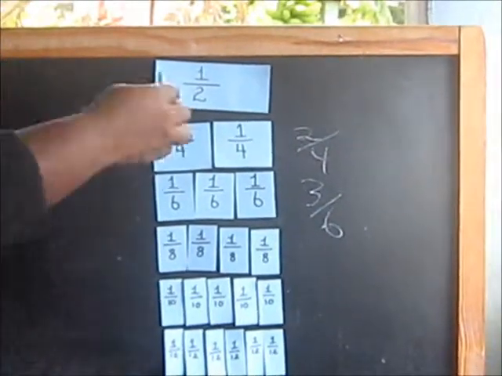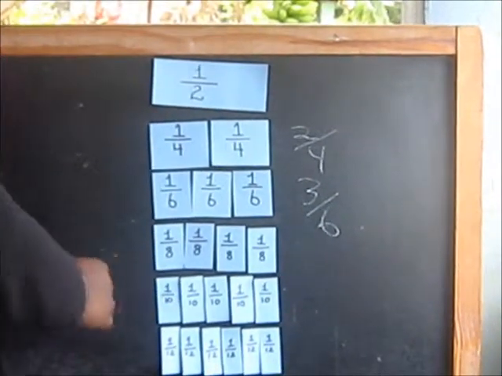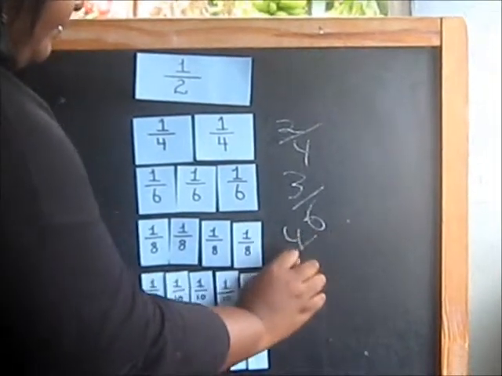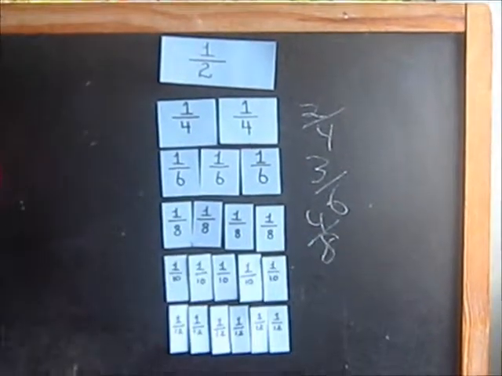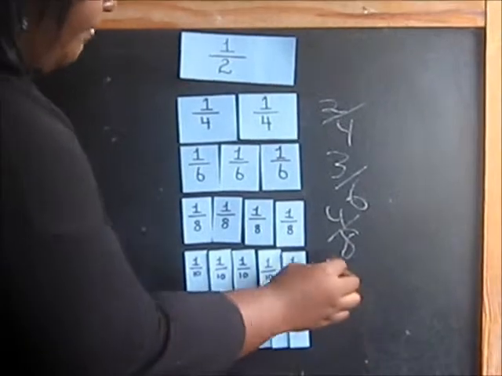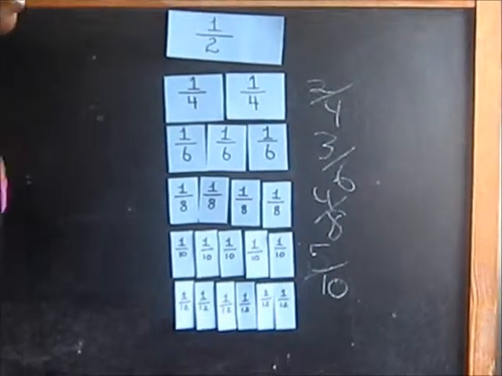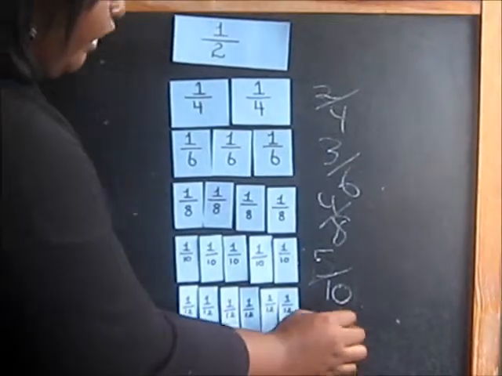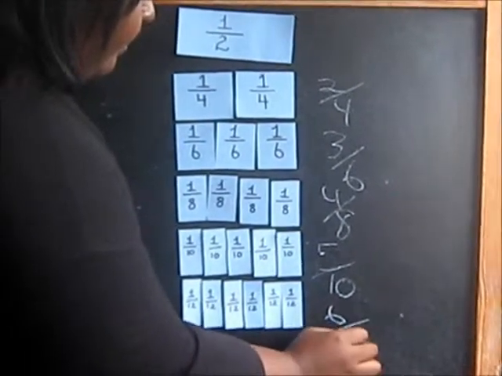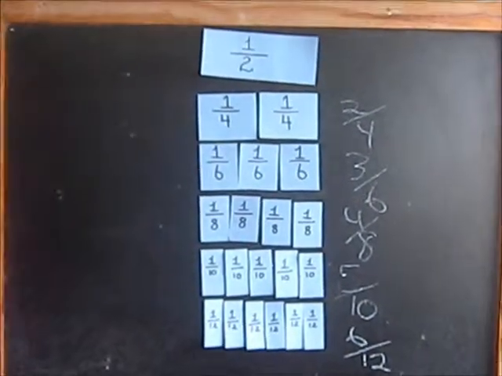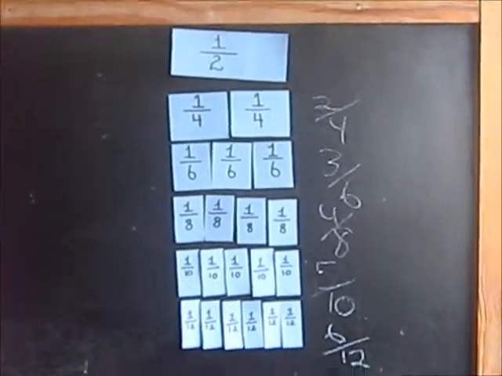Then the 3/6 are then broken down to 4/8, 4/8 into 5/10, and finally 5/10 into 6/12. Right?